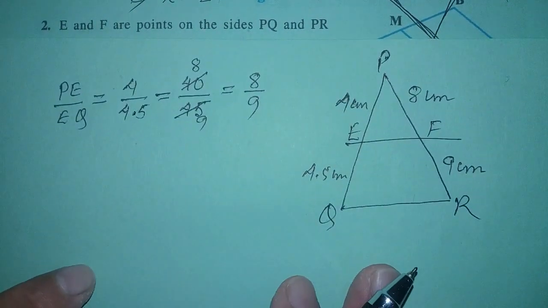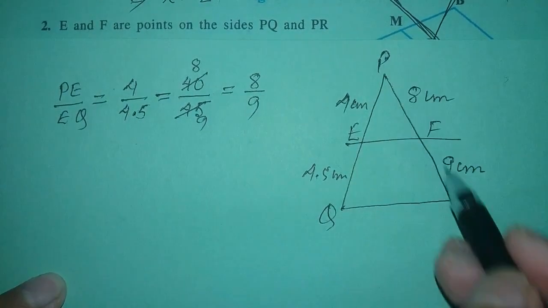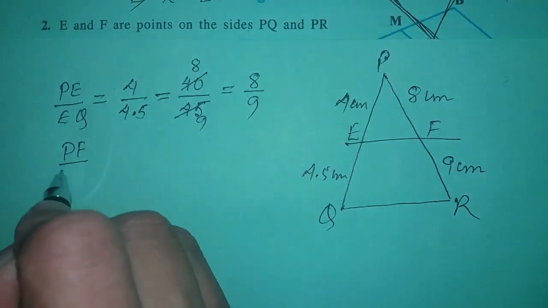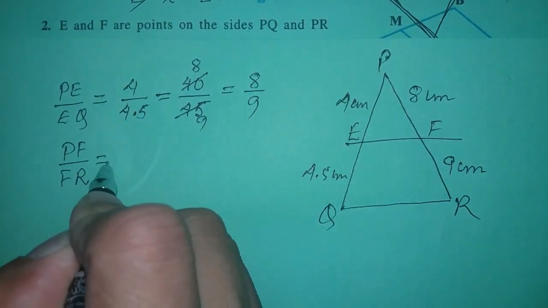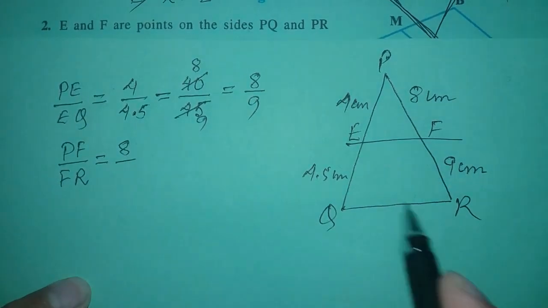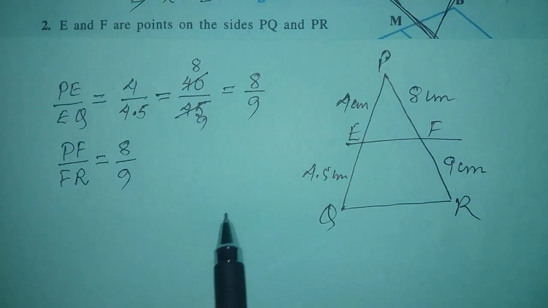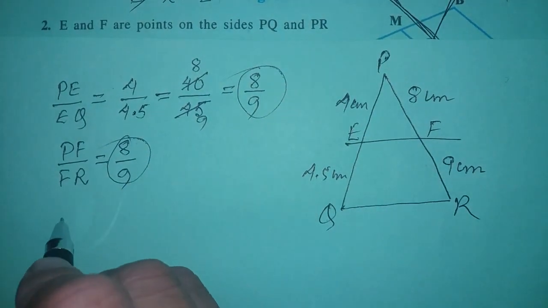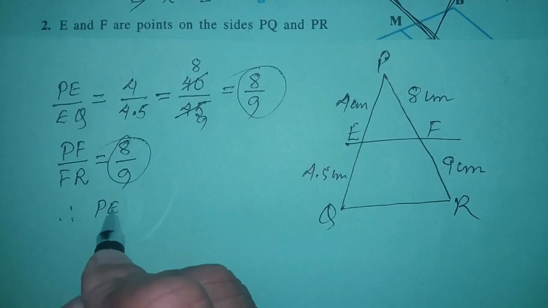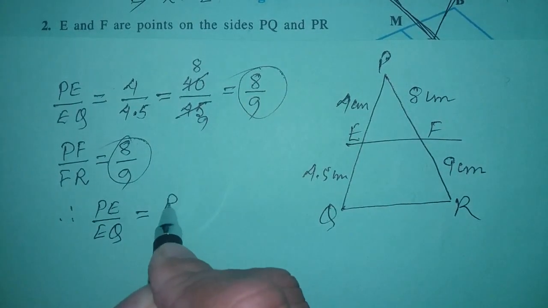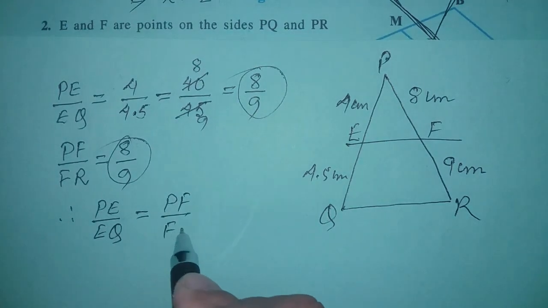Now for the other side, PF by FR is equal to, PF is 8, FR is 9. So we have here 8 by 9, here also 8 by 9. Therefore PE by EQ is equal to PF by FR.